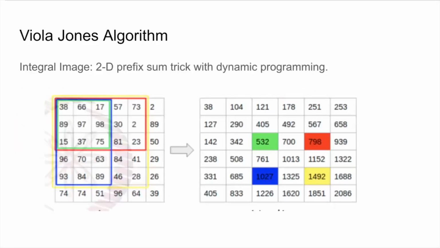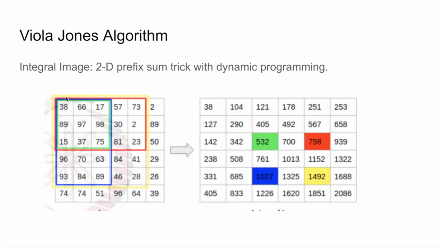Then we'll discuss how to calculate an integral image. Let's say this is an image, and these are the pixel values in the image. The integral image is just the 2D cumulative sum of that.